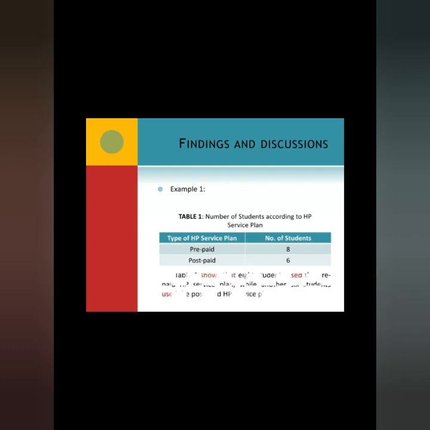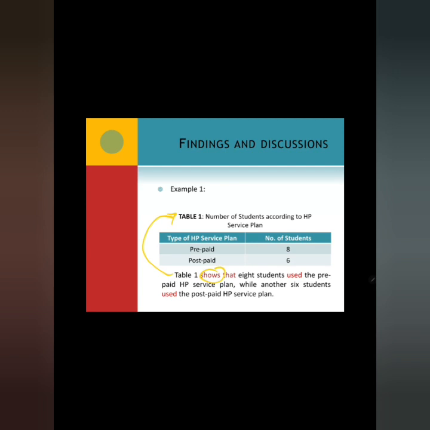After that, write the explanation in paragraph. Again, as I mentioned, it must be in past tense. So for example, like this: table 1 shows that, because you are referring to this, it is still in present tense because this table is current.